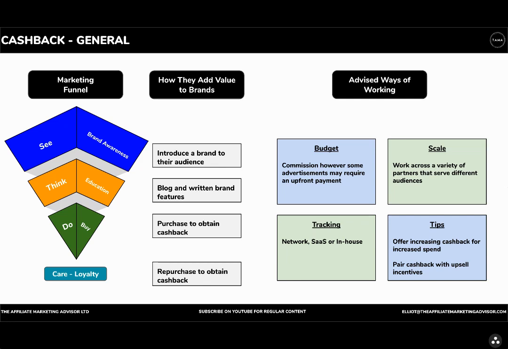Onto cashback then. Generally speaking, cashback is the commission that you offer to the affiliate, and that affiliate passes it on to the customer in the form of cashback. Let's say a customer buys something worth £100 via a cashback site, and the commission rate is 10%. The cashback site would give the customer either 100%, which would be the £10, or it typically varies from 50 to 100.